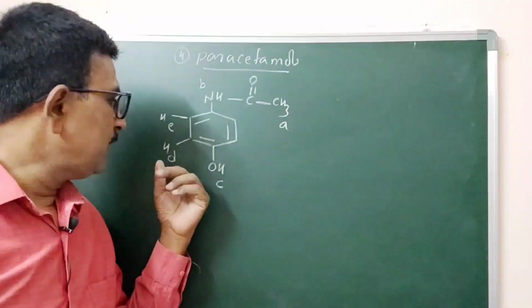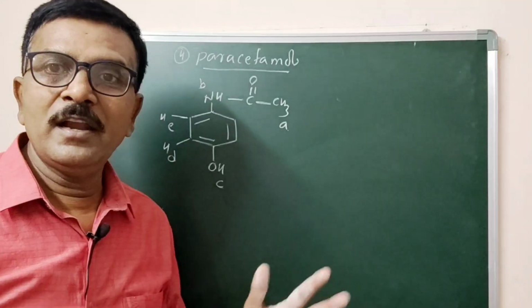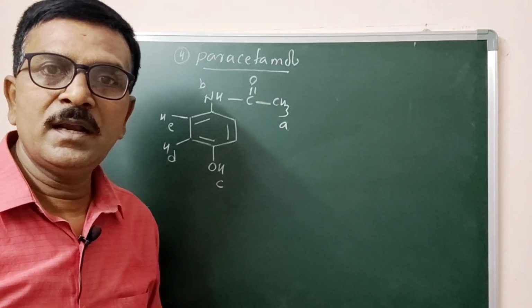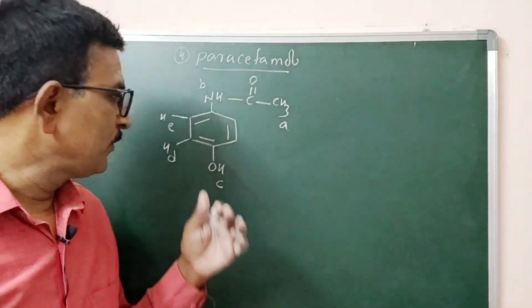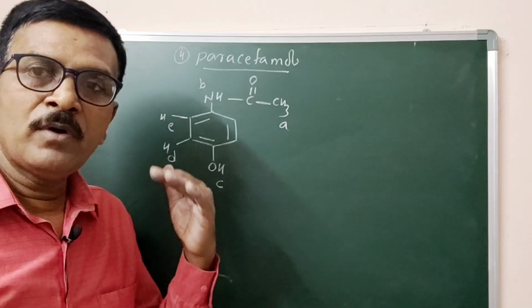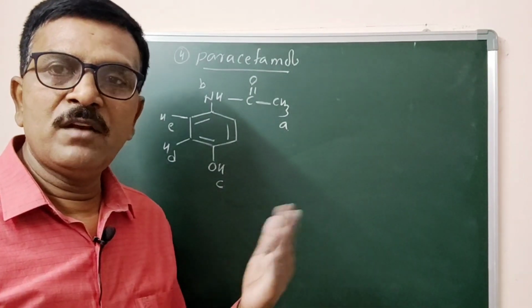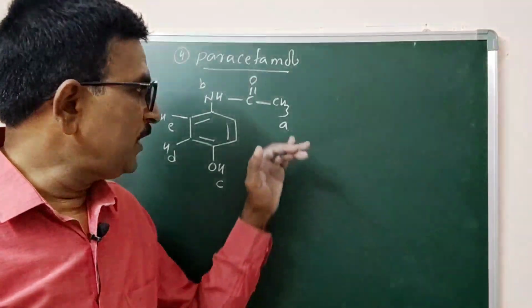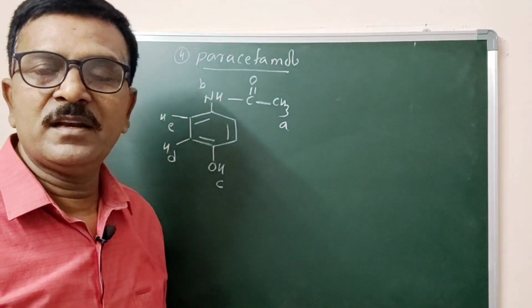So the D proton is somewhat upfield whereas the E proton is downfield. Why downfield? Because it is adjacent to the electron withdrawing acetanilide group. So D and E protons are non-equivalent. Why non-equivalent? One is ortho to OH, one is ortho to the acetanilide group, therefore non-equivalent. So we have 1 signal, 2 signals, 3 signals, 4 signals and 5 signals.